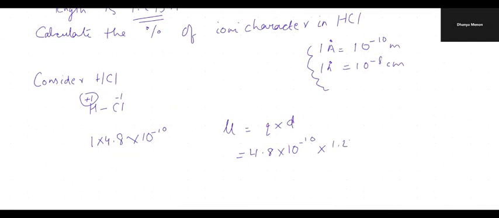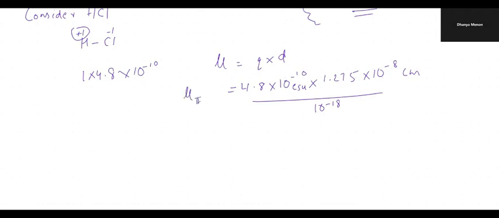That means I have to make it into centimeters, times 10 raised to -8 centimeter. This is in ESU, divided by 10 raised to -18. What am I finding? The theoretical, because the experimental is given.